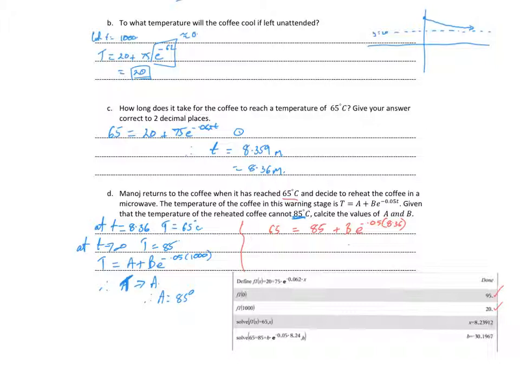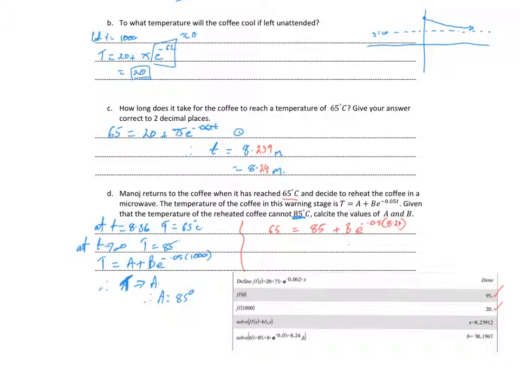It's not 8.36, it's 8.24. Let's get rid of that. So it should be 8.239, so we'll call it 8.24. Let's just change that to an 8.24.